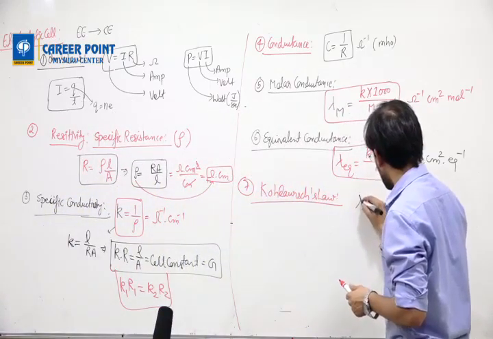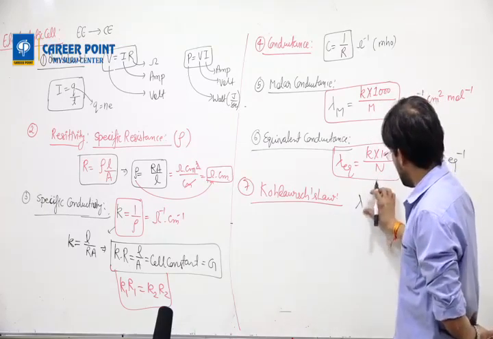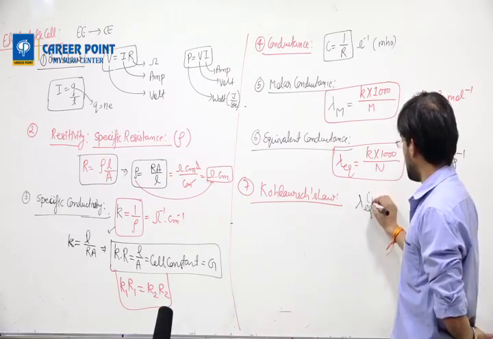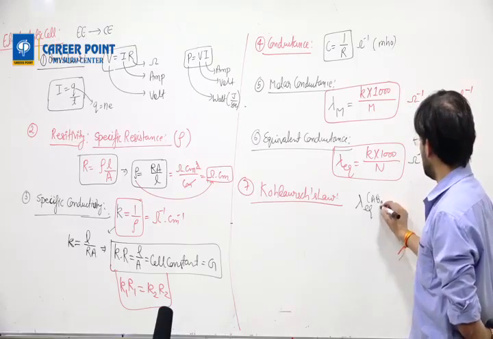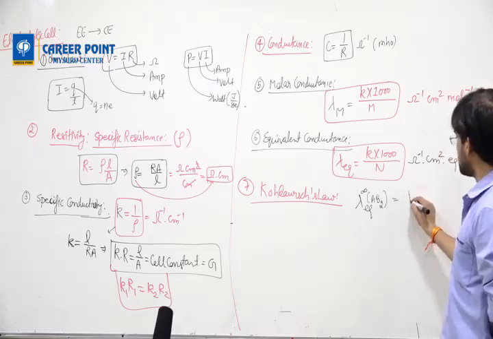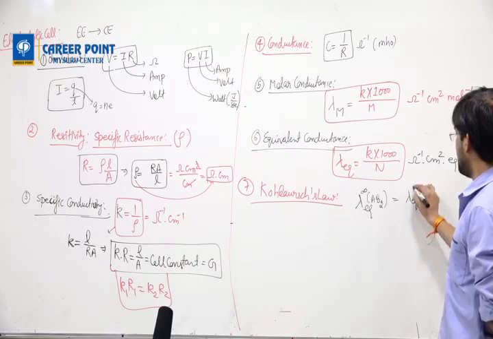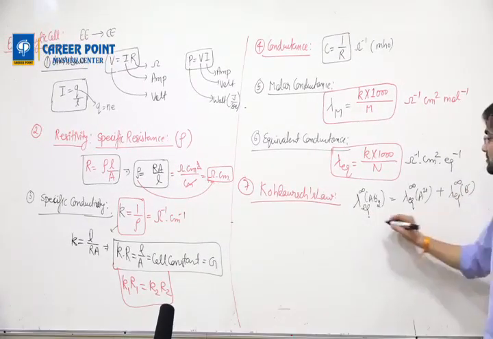Lambda equivalent of any compound AB2 at infinite dilution equals lambda EQ of A2 plus at infinite plus lambda EQ of B minus at infinite. This is for equivalent conductance.